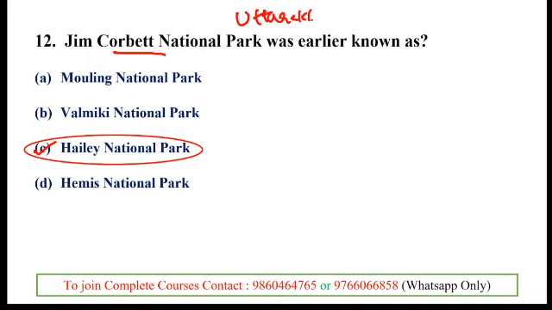That is also one of the questions. Here there are a number of Bengal tigers, leopards, and wild elephants; it is famous for Bengal tigers. On one of the banks of the Ramganga Reservoir is the Corbett bypass. So Hailey National Park was later known as Jim Corbett National Park.